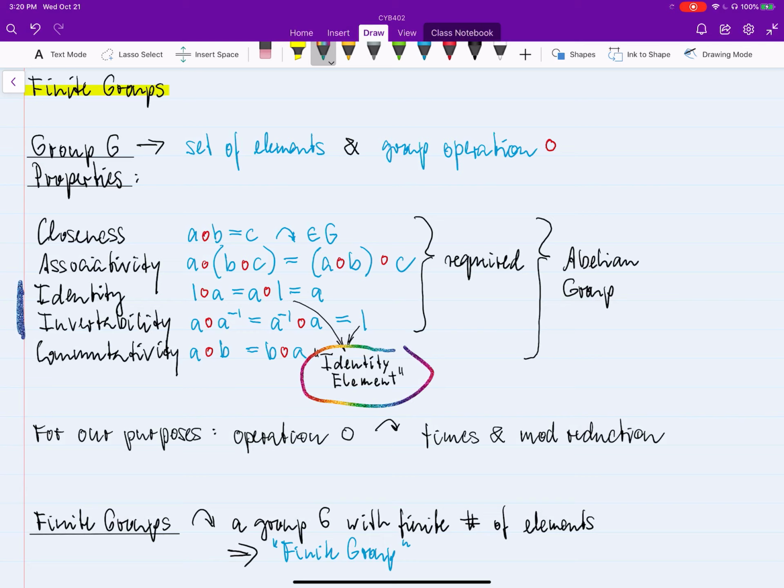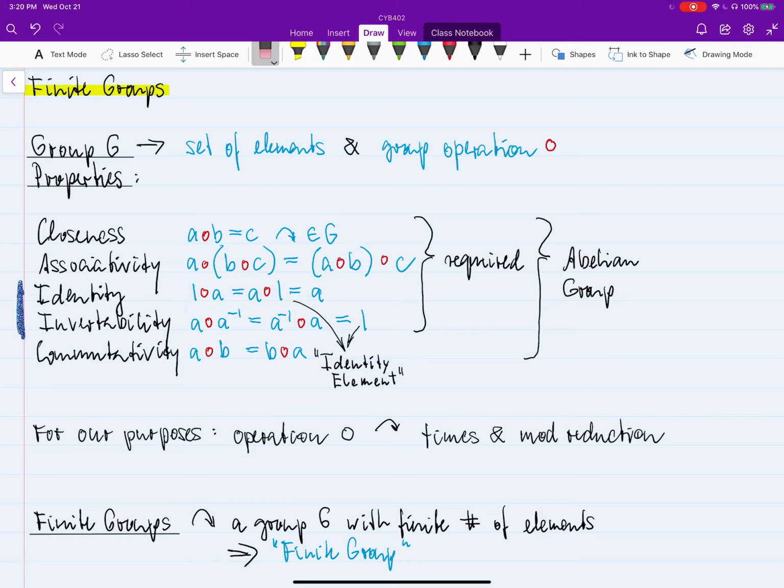And the symbol that I'm using here is a 1 to depict that element, but it doesn't necessarily need to be 1 actually. So in a group under addition, for instance, that identity element would be 0, and it's pretty straightforward that in a group under addition, 0 plus a equals a plus 0, which is a.